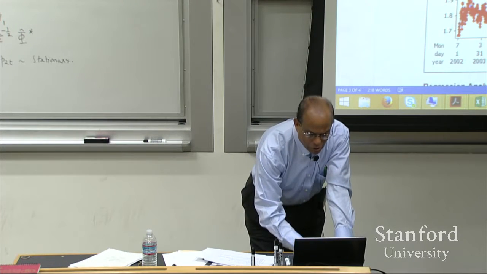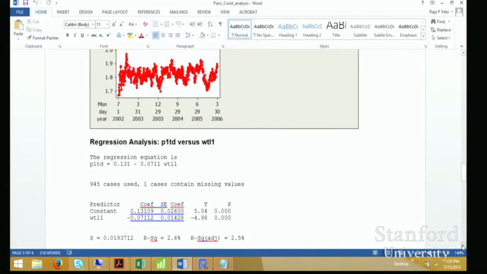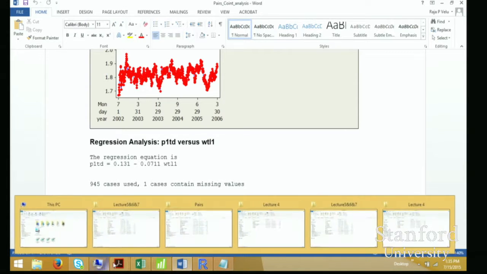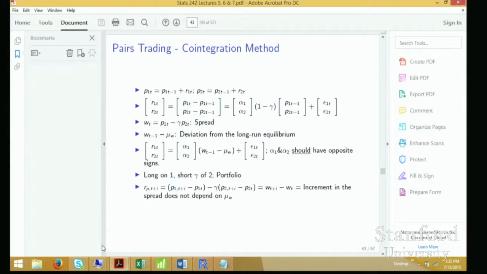Okay. So, I want to briefly comment on one other approach that is very popular, and this is by Engel and Granger. It's a very intuitive approach. So, let me write here.